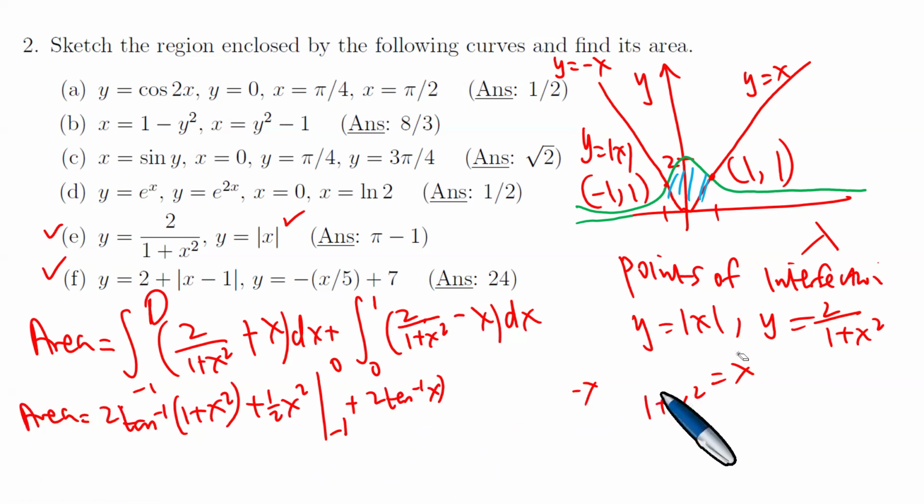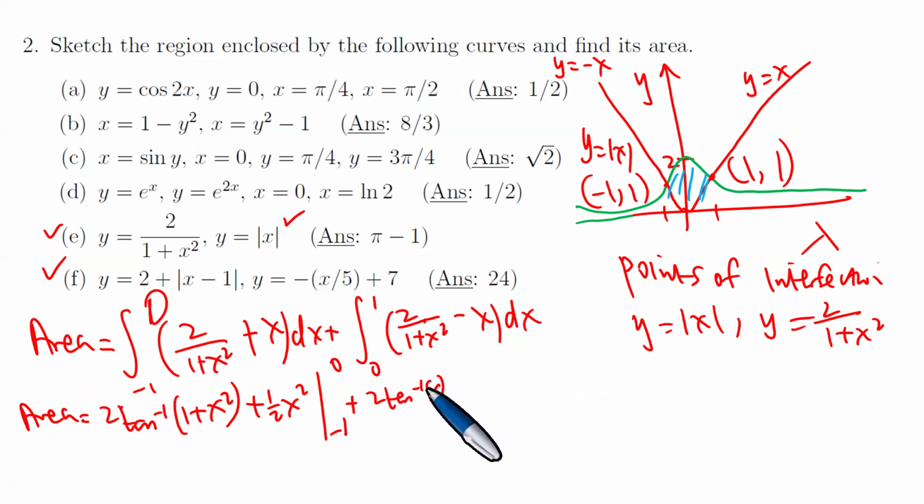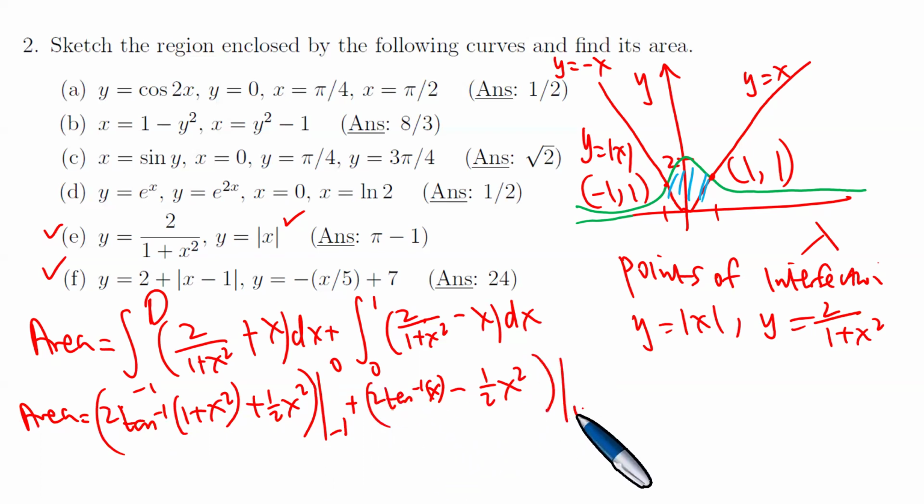Okay, let's check this one out. Then it's going to be 2 arctan x minus 1/2 x squared from 0 to 1.